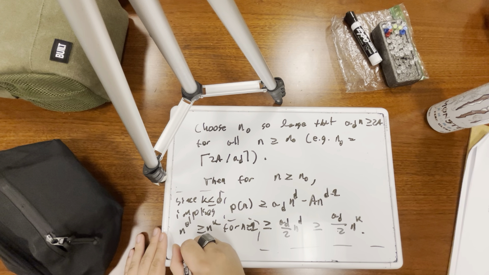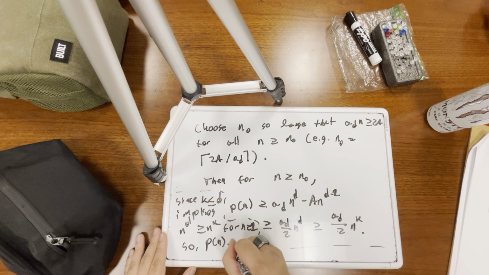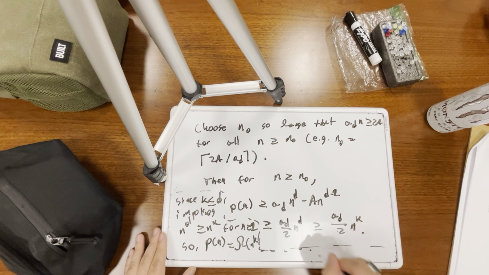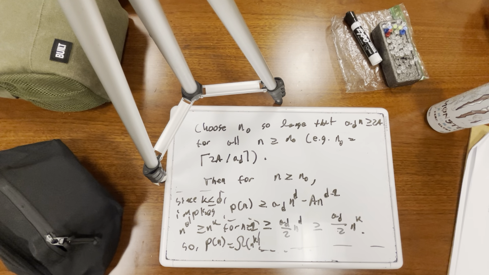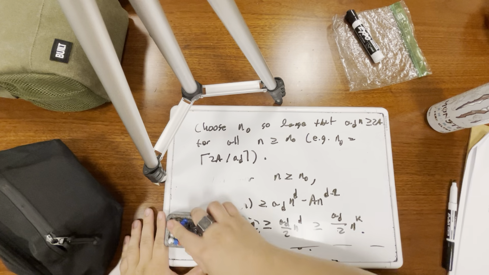So we can say then P of n is equal to big omega of n to the k. QED. Let's move on to the next one, which is C.